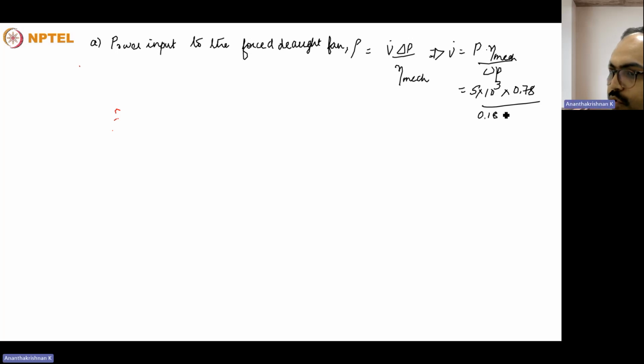So this is 0.18, that is basically H. We multiply by rho and g to get the actual pressure. So this will be 1000 and this one will be 9.8. That will be in terms of Pascal. Therefore the flow rate is equal to 2.21 meter cube per second.